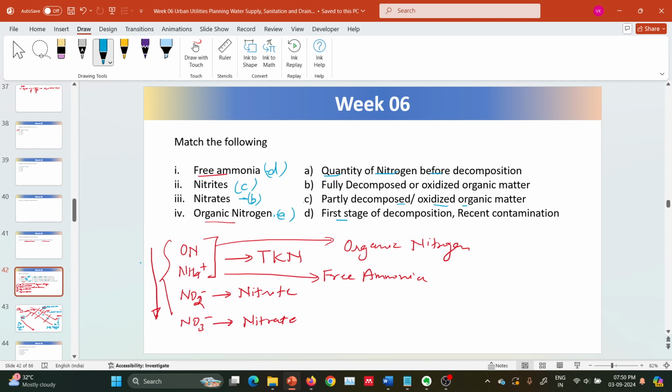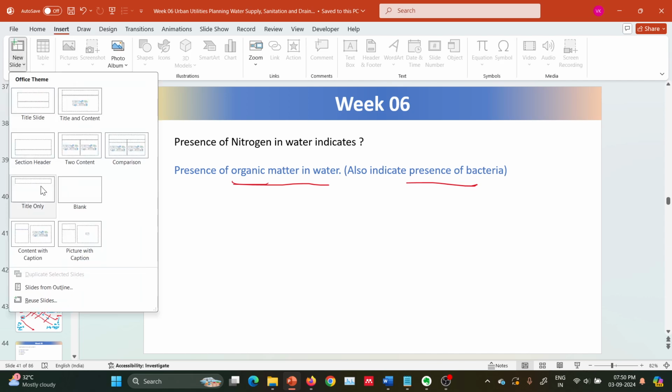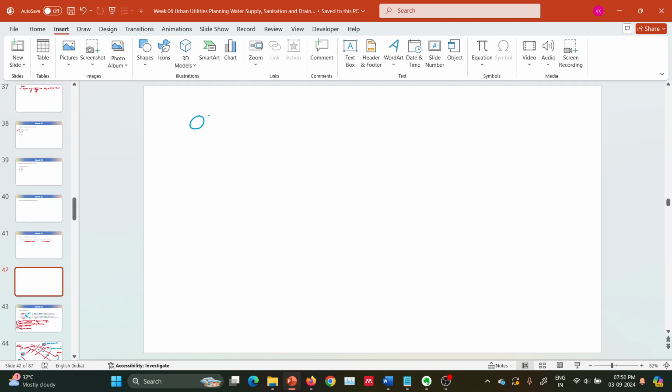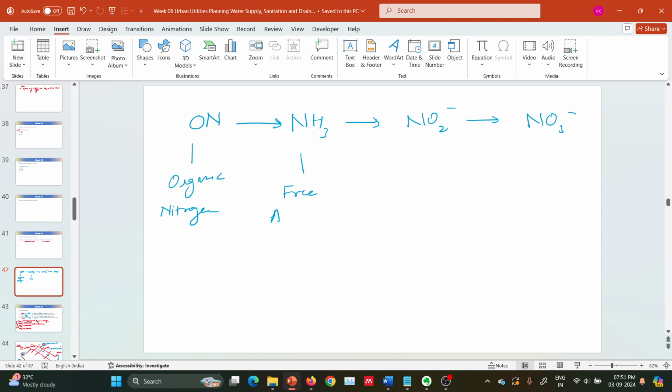So if we can see the sequence, let me write this. This organic nitrogen will then be converted to ammonia, and then it will be converted to nitrite, then nitrate. Organic nitrogen, free ammonia, nitrite, nitrate.